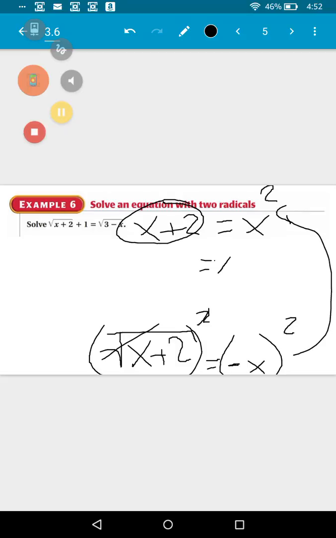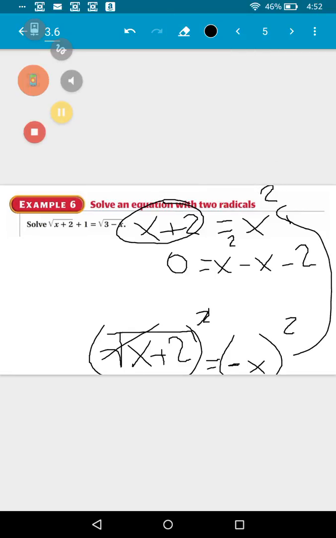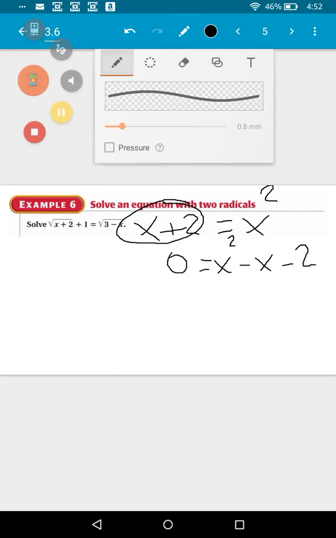So I have x squared minus x minus 2 equals 0. Okay, because we are solving an equation. This is your quadratic function. You guys from here know you need to do that AC method. I am not going to go over that method with you guys.